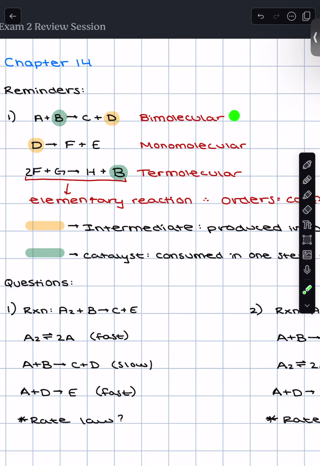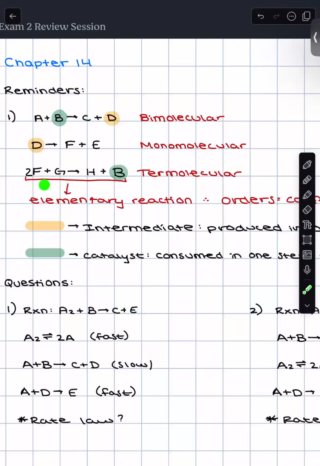So you'll see that these are what describe the elementary reactions. Remember that this has to do with the number of reactants that you have. If you have two combining, they're bimolecular. If you have one that's just decomposing into other products, that's monomolecular. And if you have three, that's termolecular.